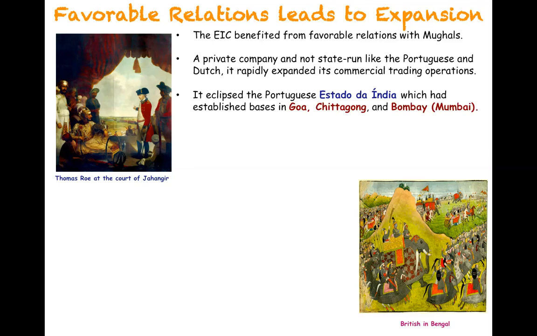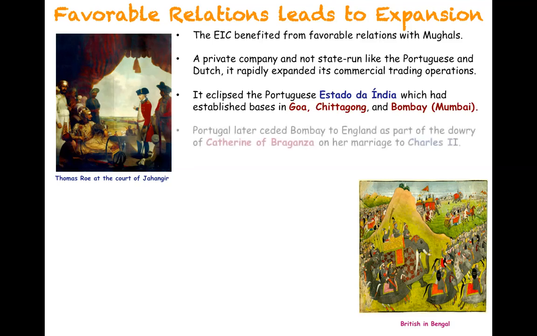After establishing a presence at a port, the East India Company sought to construct a fort to protect its investment. So, for example, Portugal gifted the city of Bombay to the King of England, Charles II, upon his marriage to the Portuguese princess, Catherine of Braganza. Part of her dowry was the city of Bombay, which became now a possession of the English.